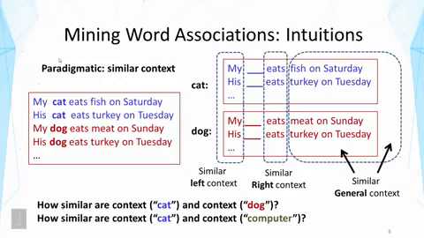That means in the first case, the similarity value would be high between the contexts of cat and dog, whereas in the second, the similarity between contexts of cat and computer would be low because they are not having a paradigmatic relationship. And you can imagine what words occur after computer in general. They would be very different from what words occur after cat. So this is the basic idea for discovering paradigmatic relation.